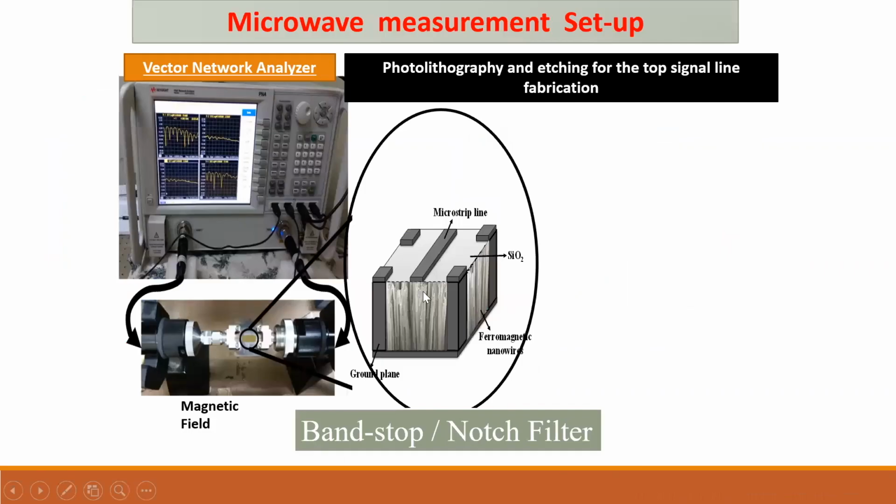The next slide talks about the microwave measurement setup. Till now we have discussed the structural parameters and morphological parameters, the basics. We have deposited the magnetic materials, and then analyzed whether the specific material which we have deposited is giving the characteristics of that specific material or not.